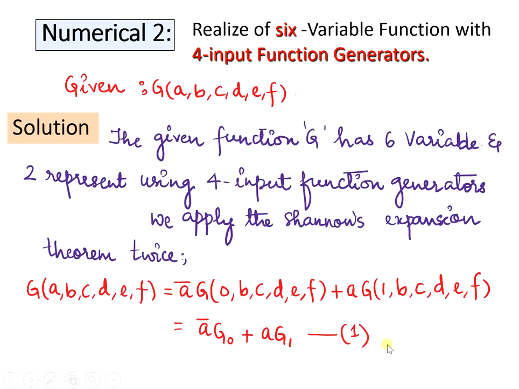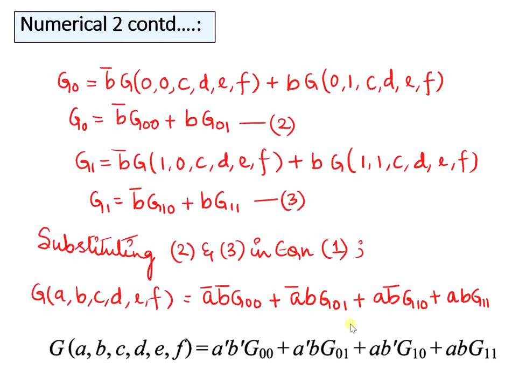I am going to name this equation 1 because I have multiple expressions here, and then G0 will again be expanded using Shannon's expansion theorem, considering variable B. When I consider G0, A will be equal to 0 and B will vary from 0 to 1.